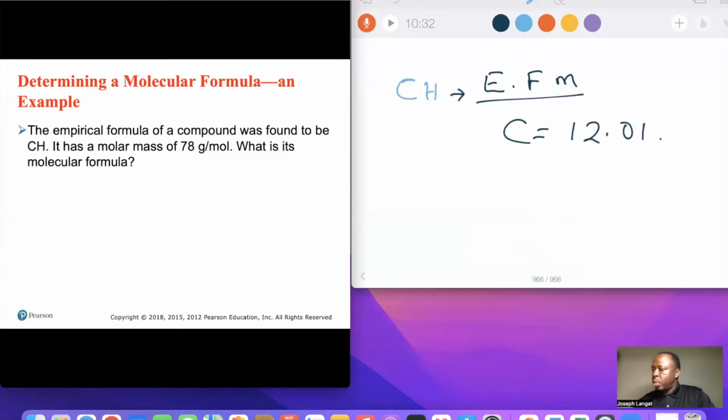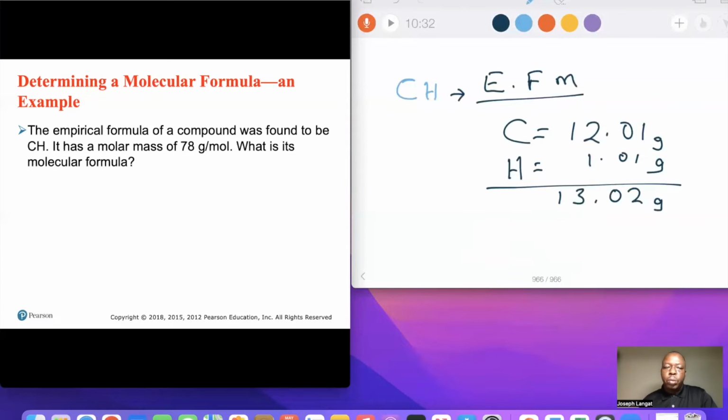This is the atomic mass of carbon. Hydrogen is 1.01 grams. This is 13.02 grams. This is the molar mass, and by the way, the unit is per mole.